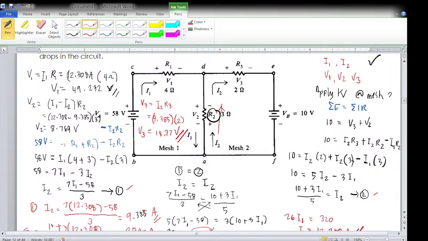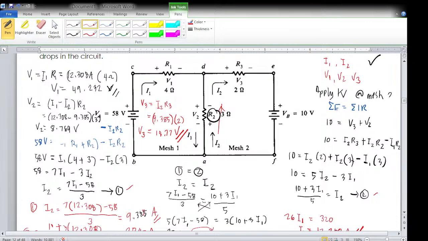Current in what? Current where? On a specific branch, the current actually flowing in the line or in that branch. So what is this mesh current? Are the mesh current and the branch current different? They are separate, ma'am. So what is the mesh current? The mesh current is smaller, ma'am.